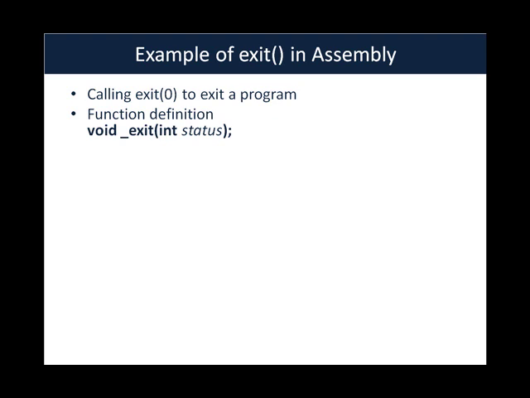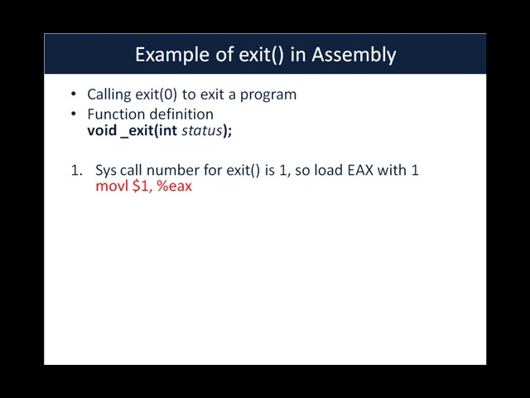Now, in order to translate this into assembly, there are a couple of steps which we need to follow. The first is to find the syscall number for exit, and that is 1. In the next couple of minutes, I'll show you how I found out that the system call number for exit is 1, but let's keep it as is for the time being.